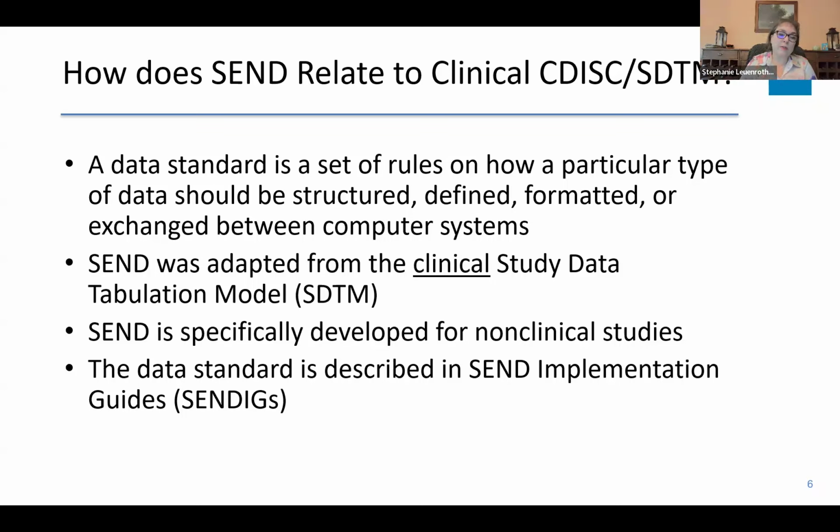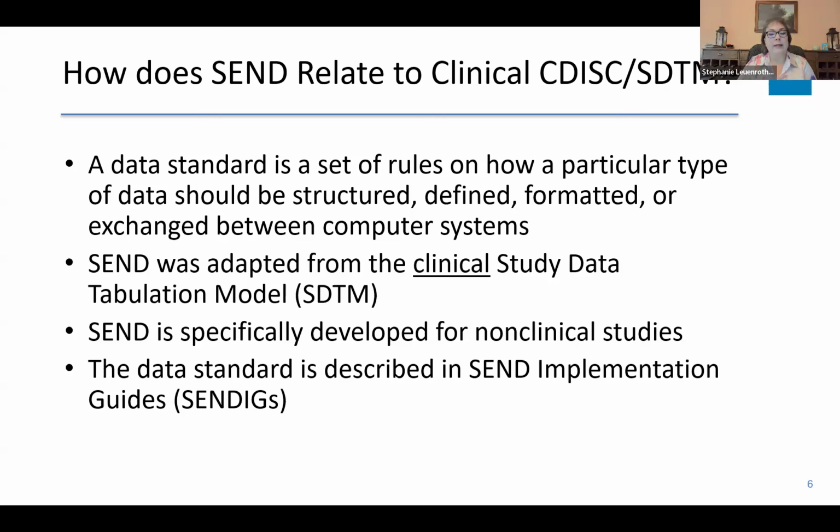So it's important to note that the SEND data standard was adapted from the clinical study data tabulation model, or SDTM. So there are many concepts within SEND that maybe have a bit of a clinical overtone in terms of the terminology. However, SEND was specifically developed for non-clinical studies and has worked really well for us.